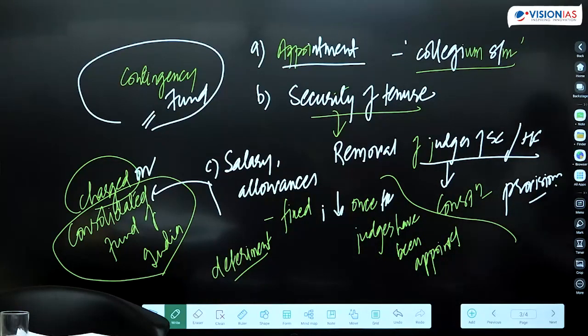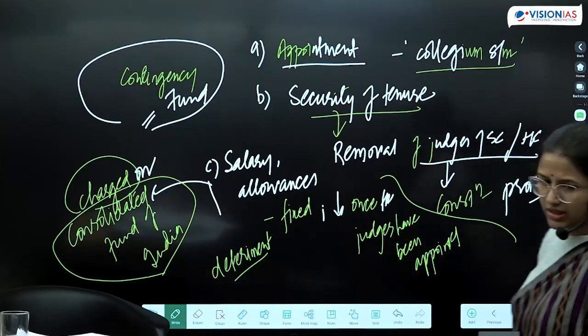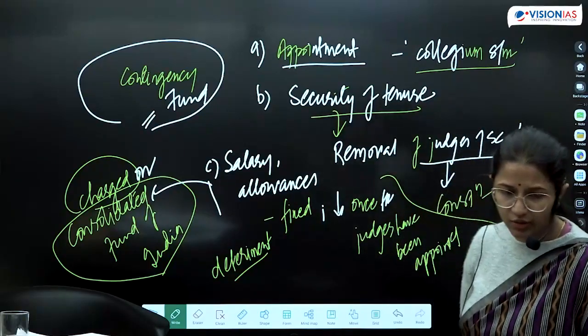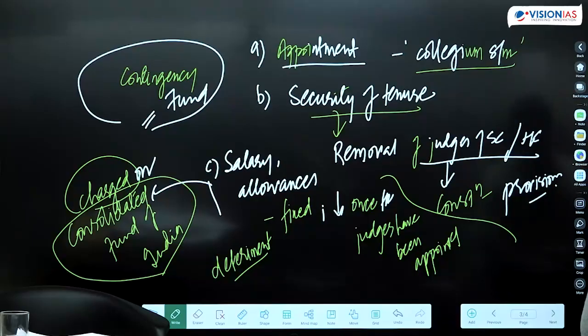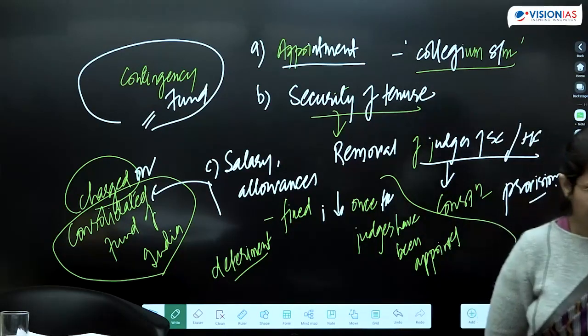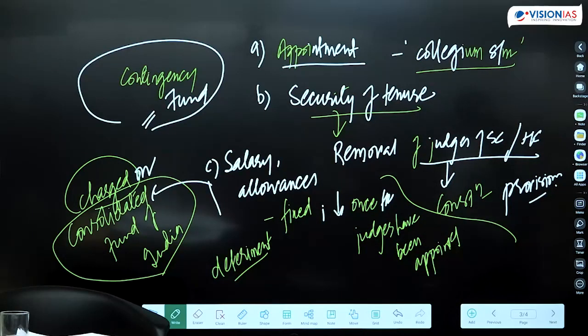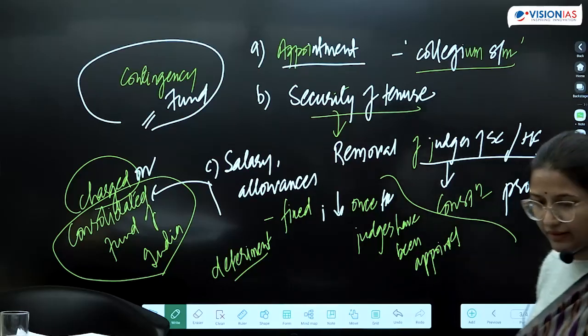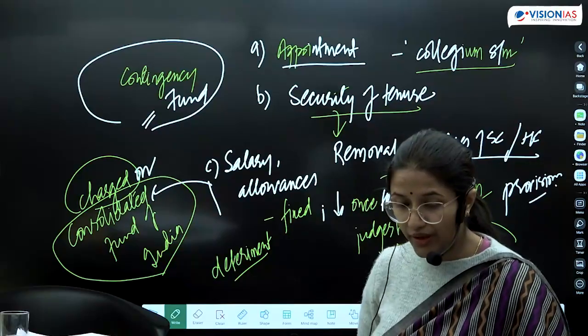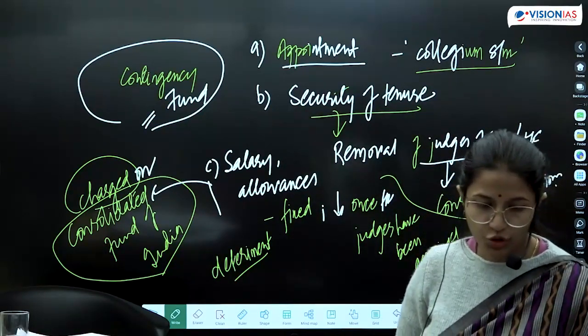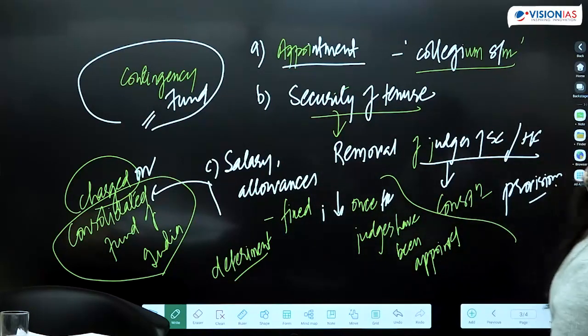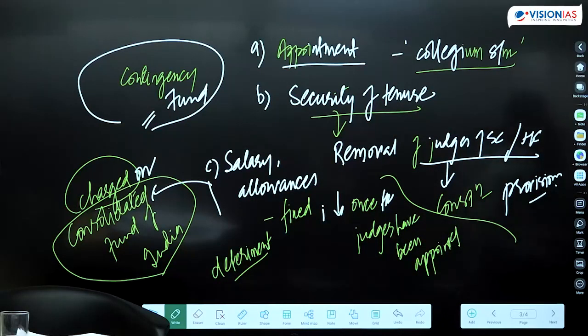Conduct of judges cannot be discussed in the parliament or the state legislature, except when a motion for their removal is under consideration.